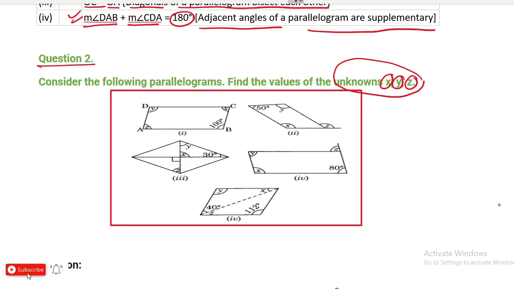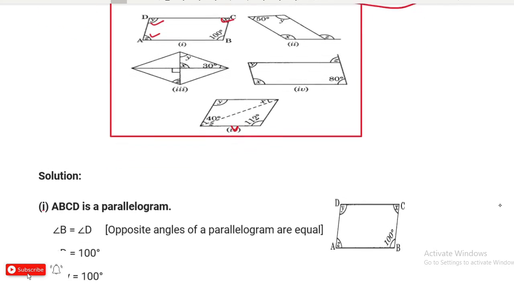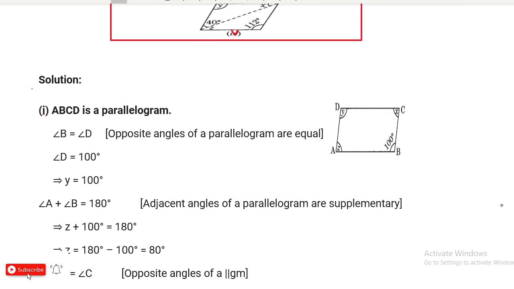The figure is given, and inside it x, y, z are given, so we have to find their values. Here ABCD is a parallelogram, and one angle is given, angle B, which is equal to 100.